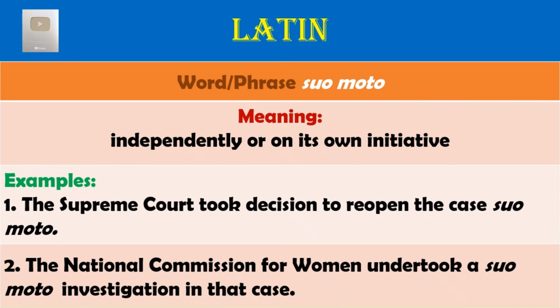The Supreme Court took decision to open the case suo motu. So that means on its own initiative. Nobody asked the Supreme Court, because usually courts are asked, but here nobody asked. The National Commission for Women undertook a suo motu investigation in that case, again on its own.